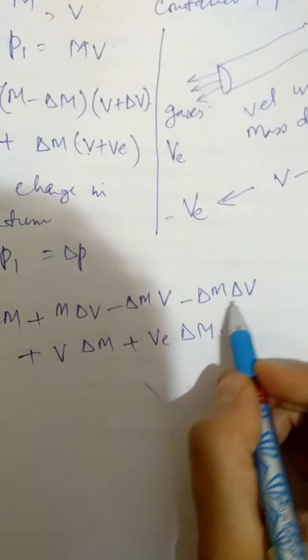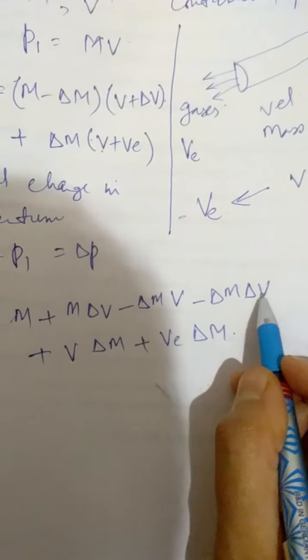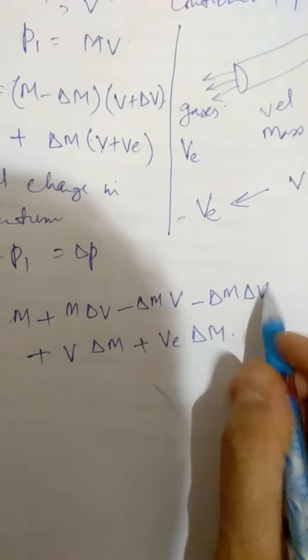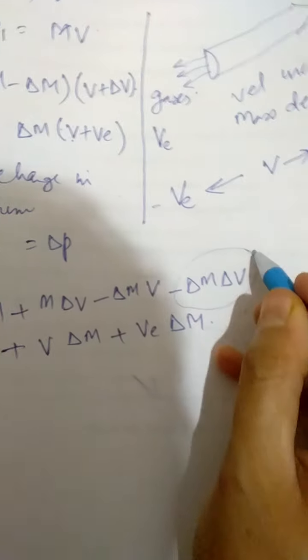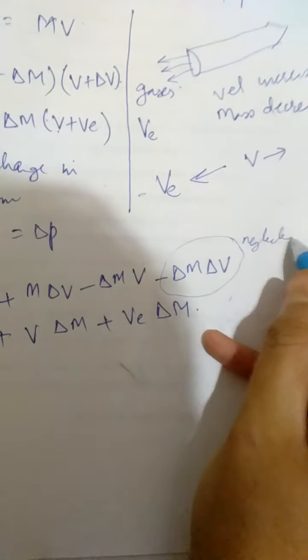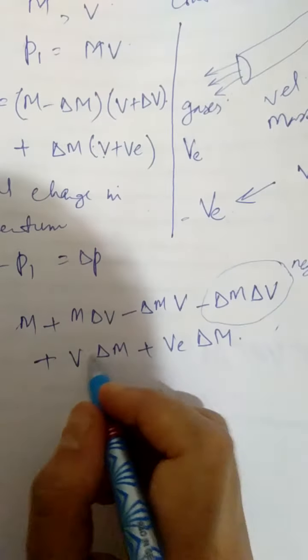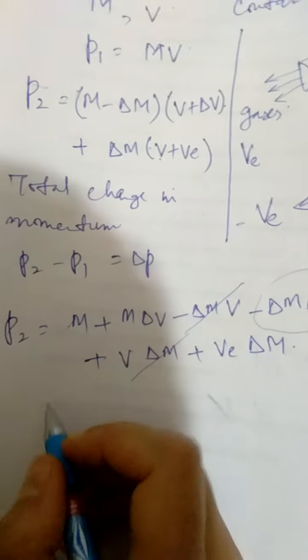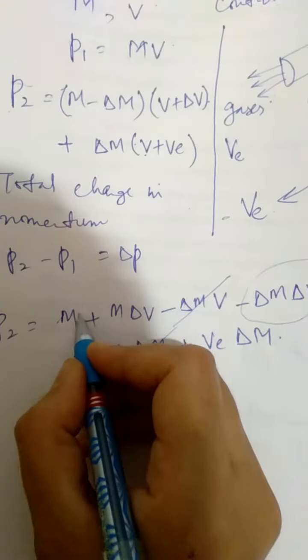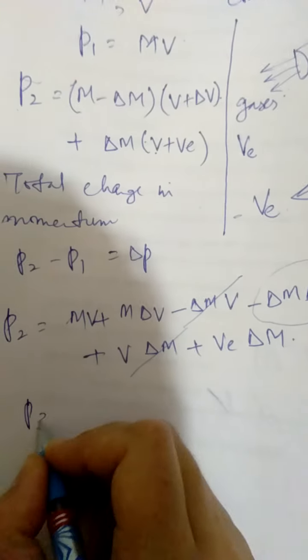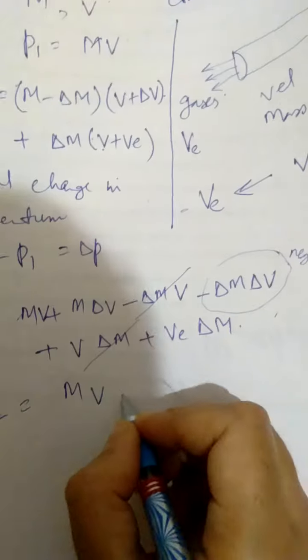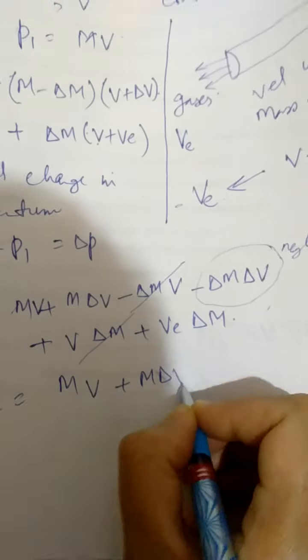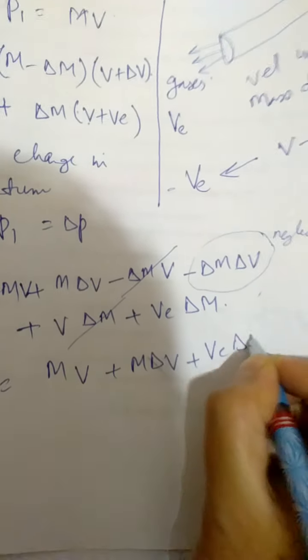Both these quantities, delta m and delta v, are very small. Their product will further be a small quantity, so this term is neglected. Now what about this v delta m plus and minus? This also cancels. So we are left with P2 equal to mv plus m delta v plus ve delta m.